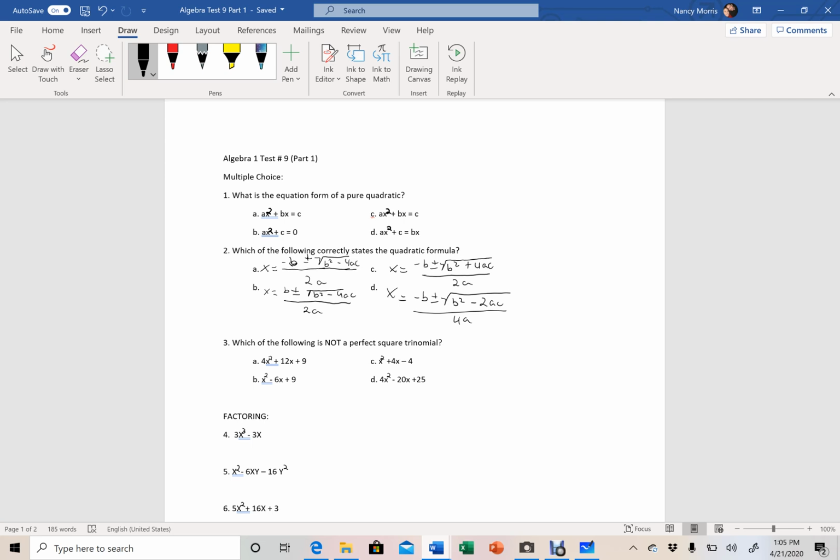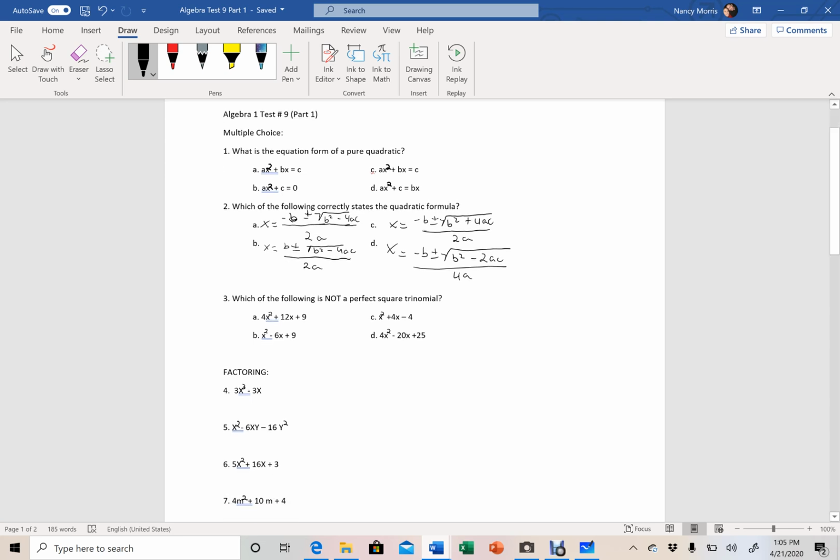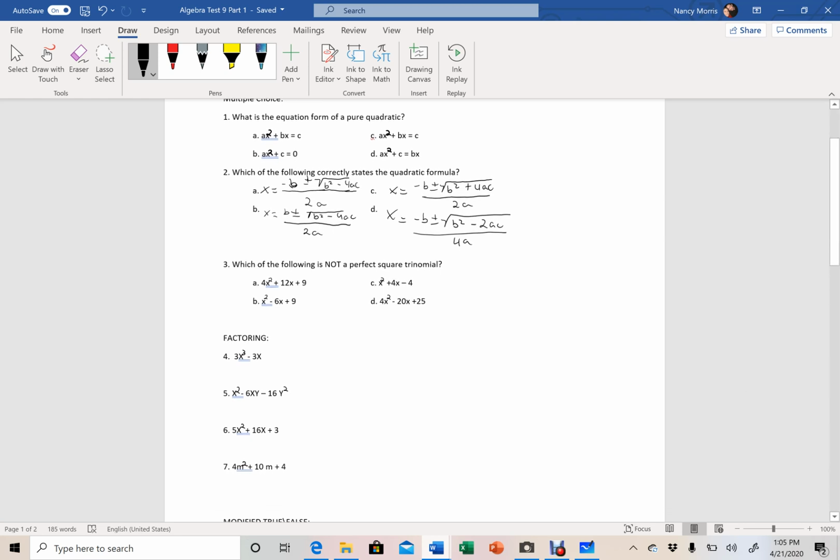If it is a math problem that requires you to do math, I need to see the math process for those. But unlike your multiple choice and your true and false, just put the number and your answer along with it. So in number 1, you would put number 1 and then either A, B, C, or D next to that. Okay, so this is your test for today.